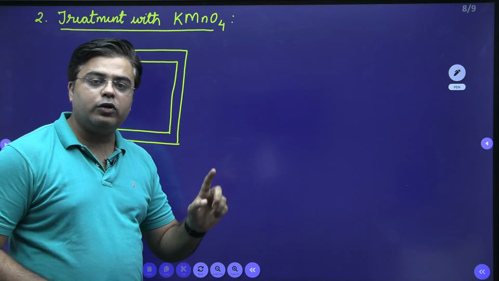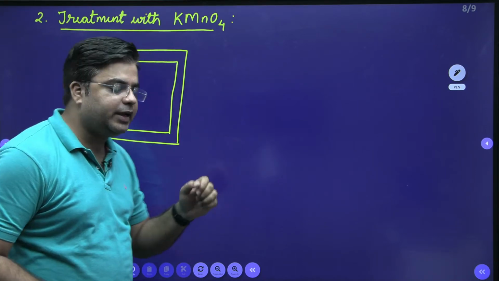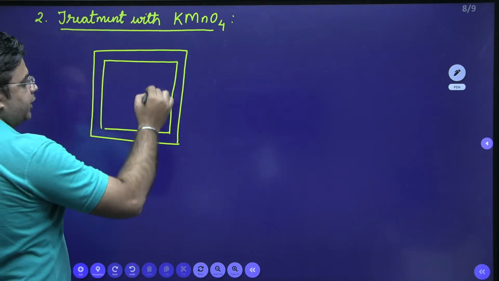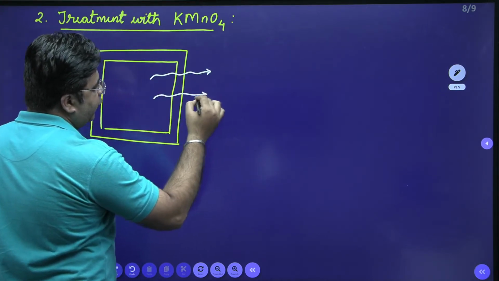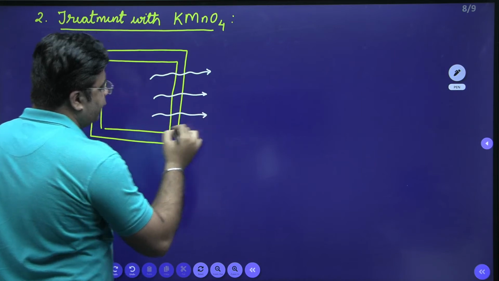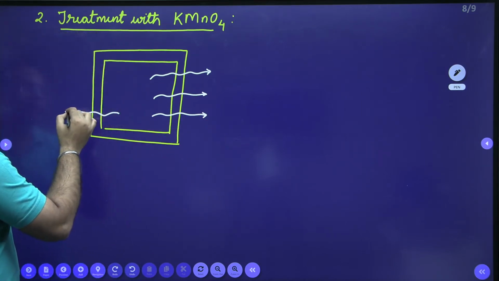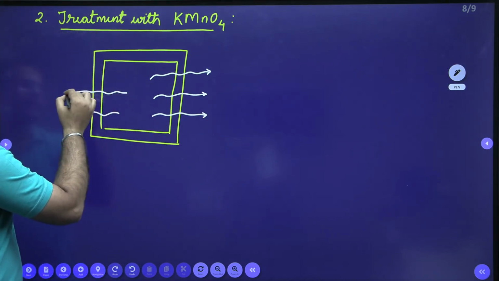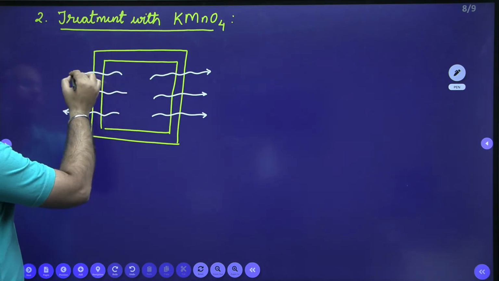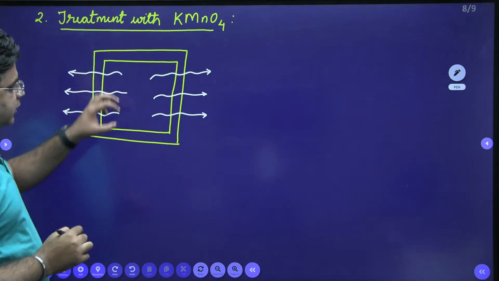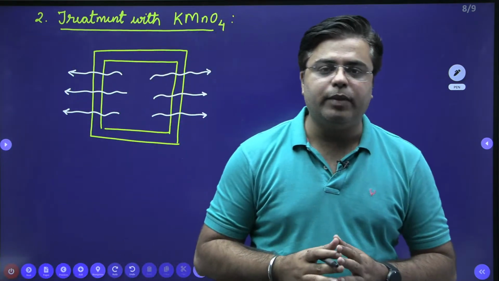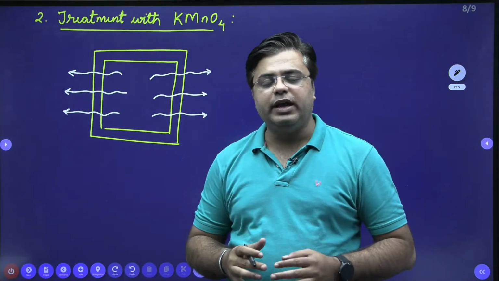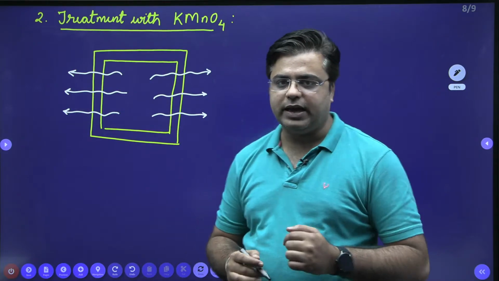This KMnO4 increases the permeability of these pores, due to which all the fluid that is required for the life of the microorganisms flows out. It increases the permeability of the cell wall, due to which the essential fluid required for the life of the microorganism flows out and leads to the killing of microorganisms.